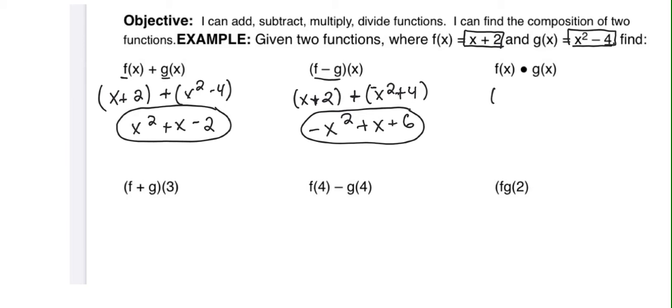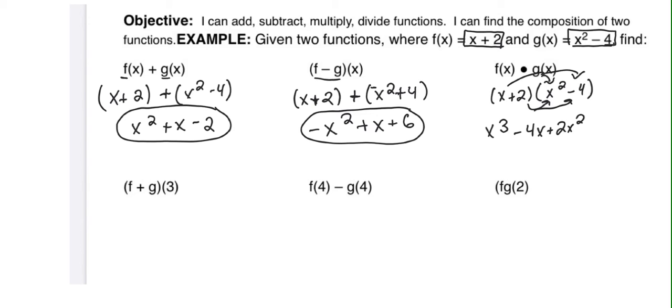The next one is multiplication. So we're multiplying the f of x function, x plus 2, times the g of x function, x squared minus 4. So we multiply all our pieces. You should know how to multiply binomials. x times x squared gives us x cubed. x times negative 4 gives us negative 4x. 2 times x squared gives us 2x squared.